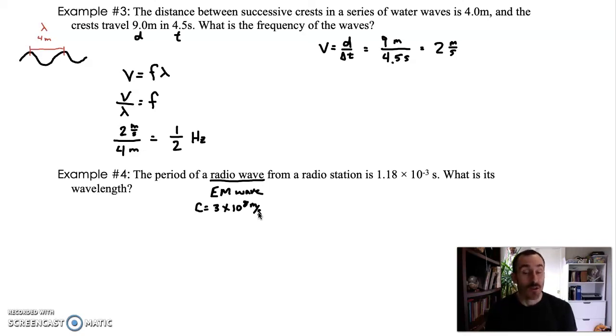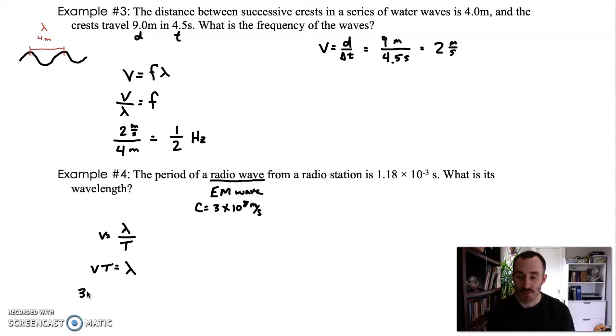So now we can figure out its wavelength using the wave equation that has period in it. Speed is wavelength divided by period. Now to get the wavelength by itself, I need to multiply by period, right? Because it's divided by period, so to get it by itself, I undo that. So now it's V times period equals the wavelength.